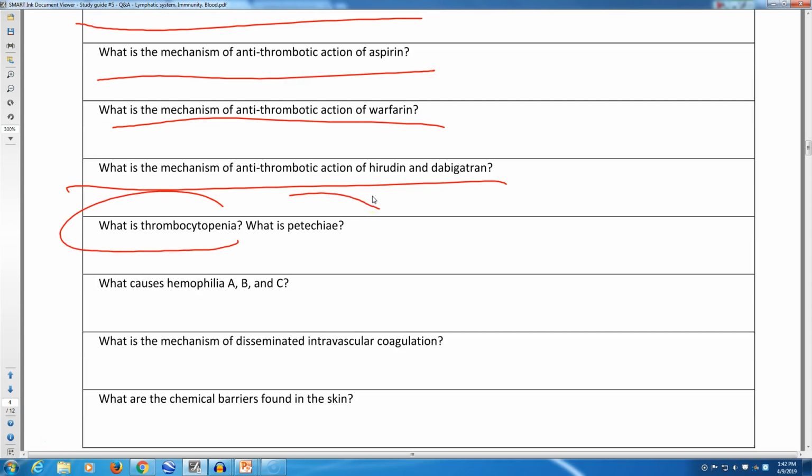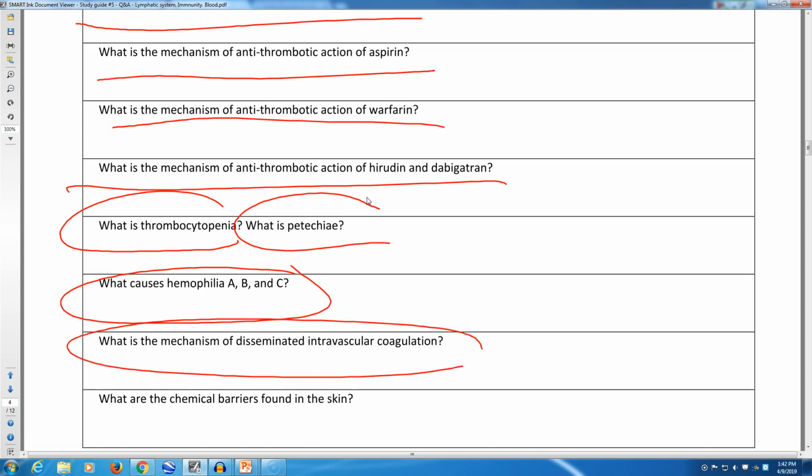Thrombocytopenia, low platelets, petechiae, hemorrhages in the skin. Now, what causes hemophilia A, B, and C? Low levels of the clotting factors. Mechanisms of disseminated intravascular coagulation, yes.